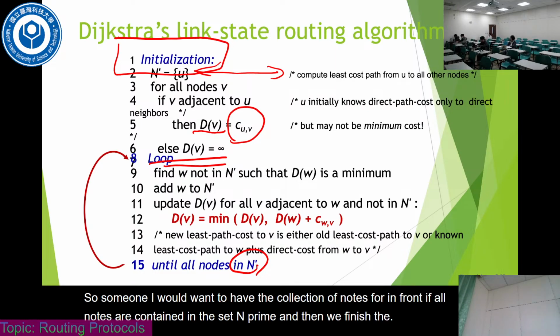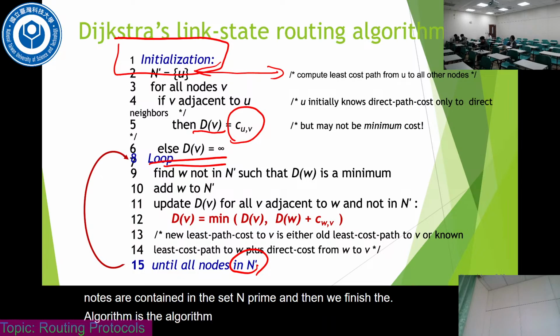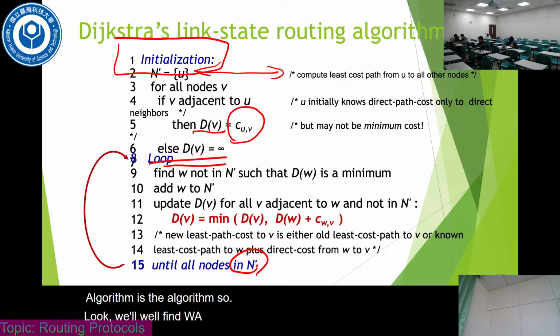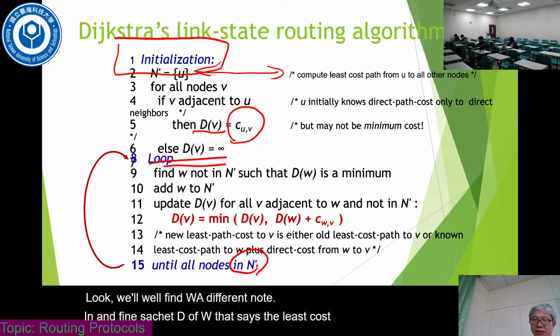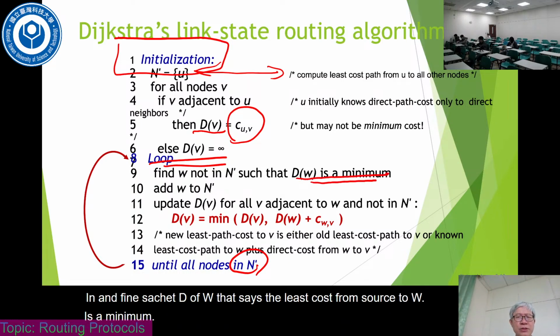In the loop, we find a node w not in N prime such that D(w), the least cost from the source to w, is a minimum.